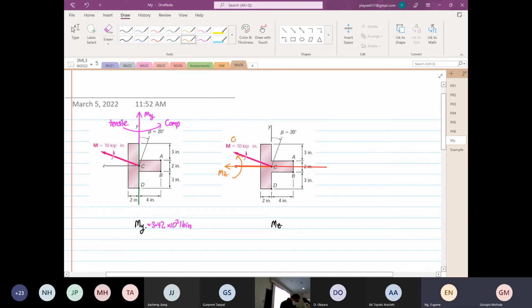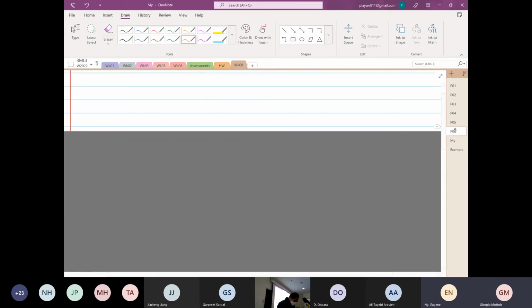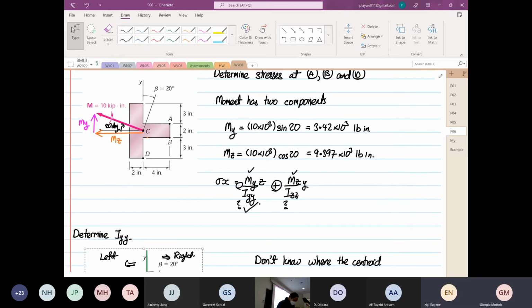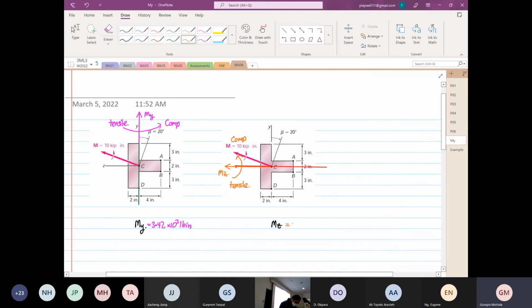This is compression. This is tensile. And then we know that MZ is equal to, what was MZ? I can't remember now. 9.397 pound inch. So now it's so easy, yes or no?